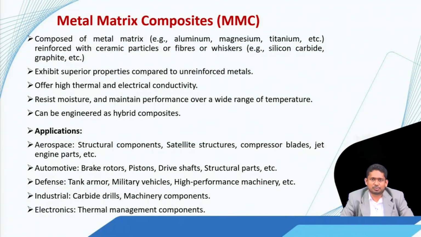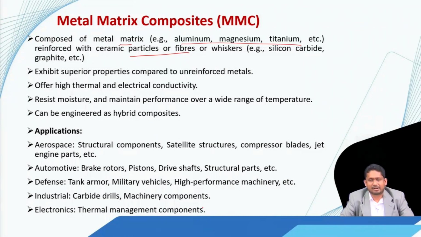Now let us look into this metal matrix composite. Metal matrix composites have a metal matrix, just like we discussed, and then there are ceramic particles or fibers. If I compare the properties of these with those of a pure or unreinforced metal, then we can see that the metal matrix composite has better properties.